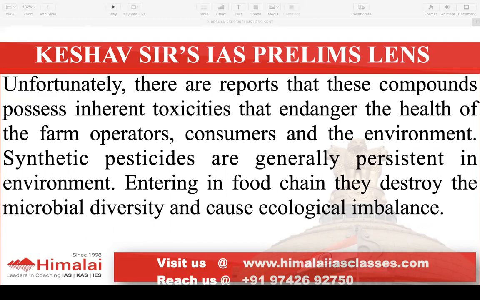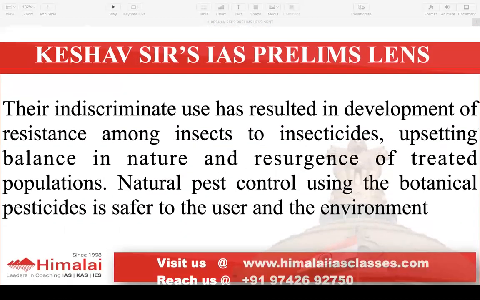Synthetic pesticides are generally persistent in the environment. Entering the food chain, they destroy the microbial diversity and cause ecological imbalance.